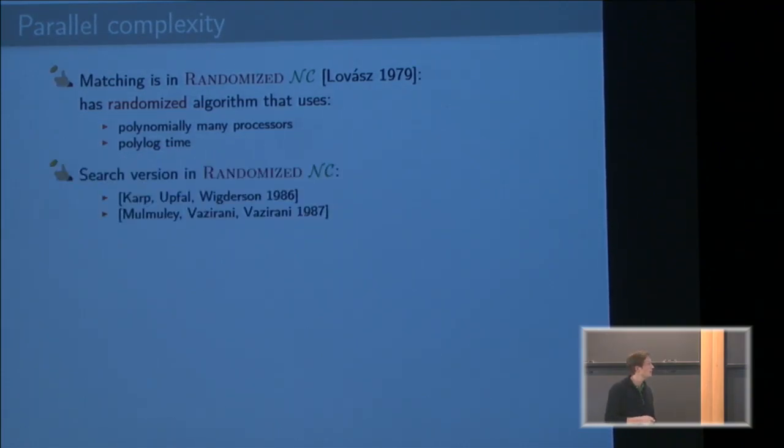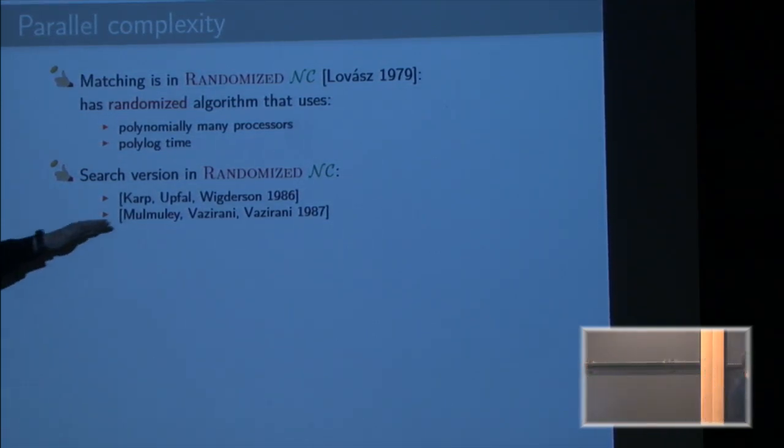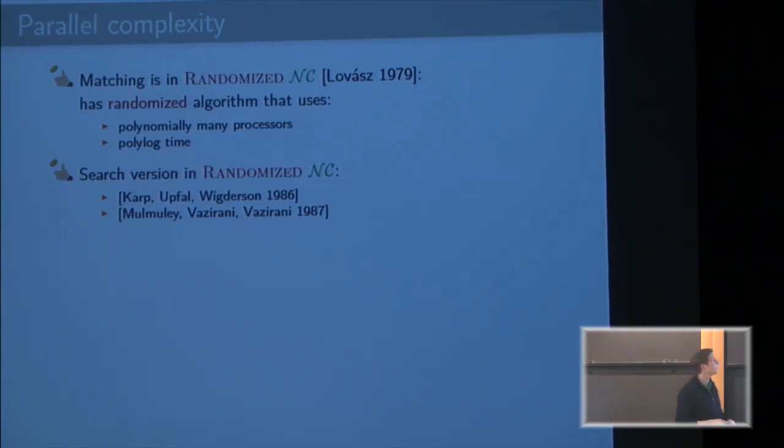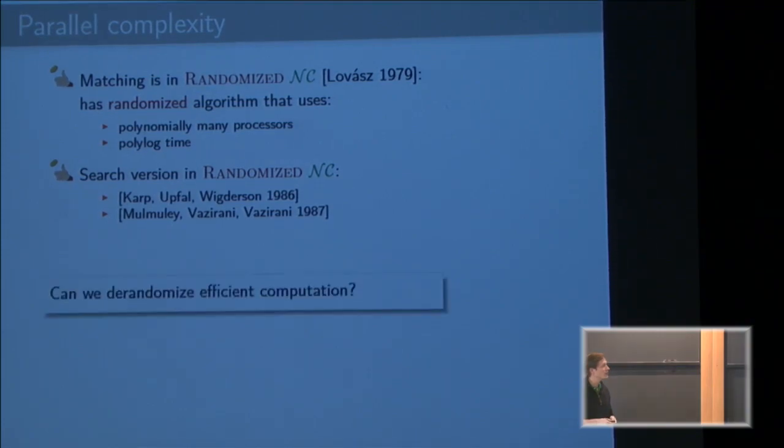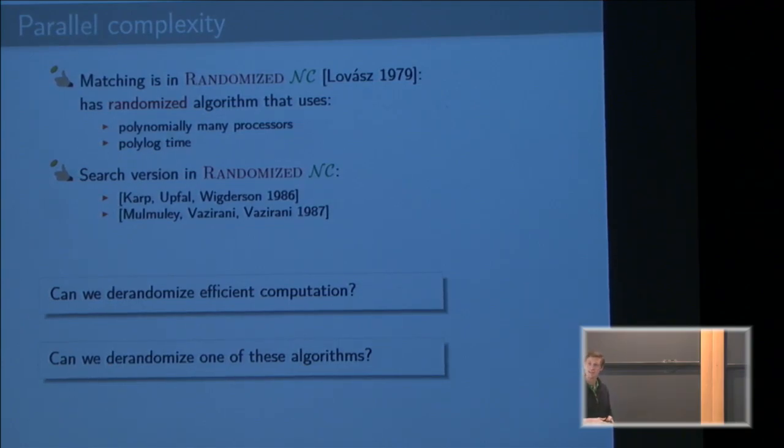It was first solved by Karp, Upfal and Wigderson in '86, and there was another algorithm the year after by Mulmuley, Vazirani and Vazirani. Today we know both the search and decision versions are in randomized NC, but we don't even know if the decision version is in NC without randomization. This fits into the general paradigm of whether we can de-randomize all efficient computation, which seems believable but hard to prove. So a more modest goal is to at least de-randomize one of these algorithms.